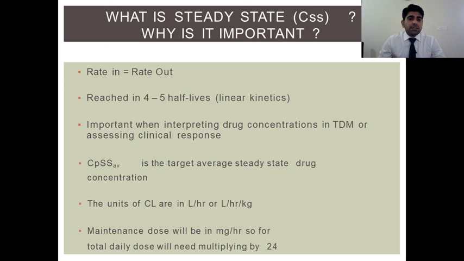It is reached after 4 to 5 half-lives from when you start administering the dose, if we consider the drug to be following first order, linear kinetics. Now we are coming to the unit of clearance. The unit of clearance is liter per hour, and the maintenance dose unit will be mg per hour, so it will be multiplied by 24 hours to get the maintenance dose for 24 hours.